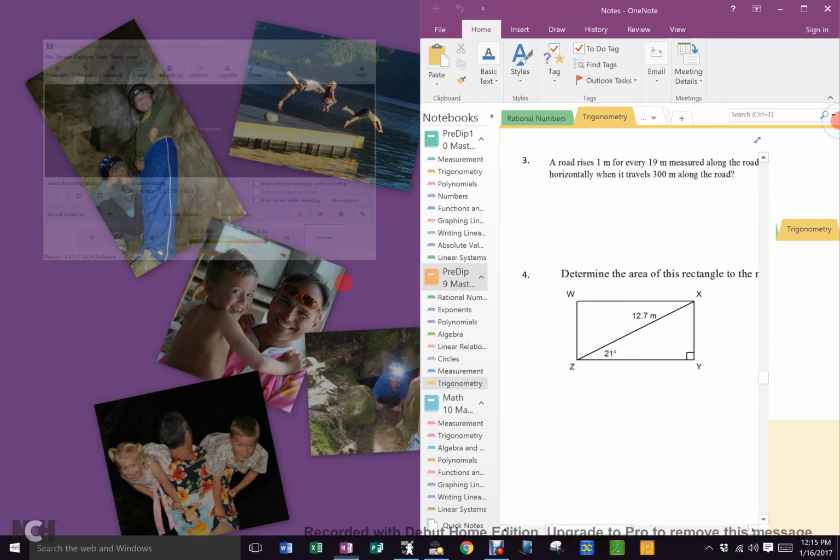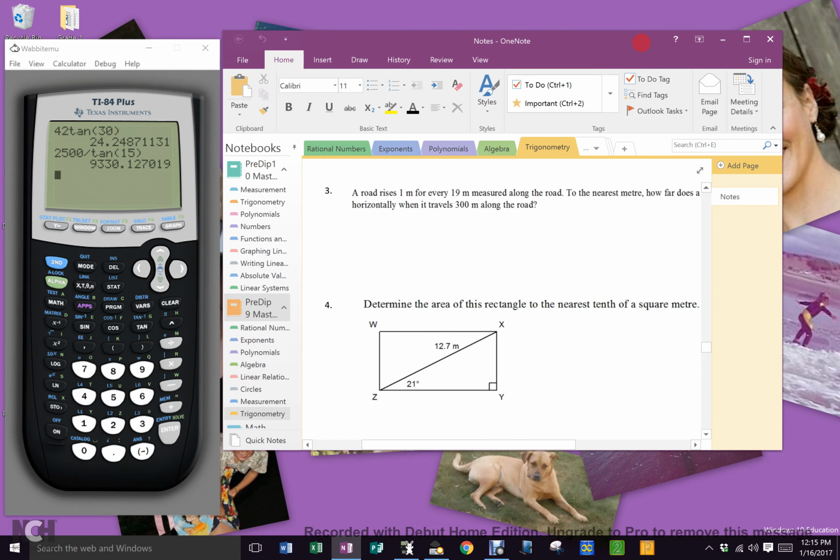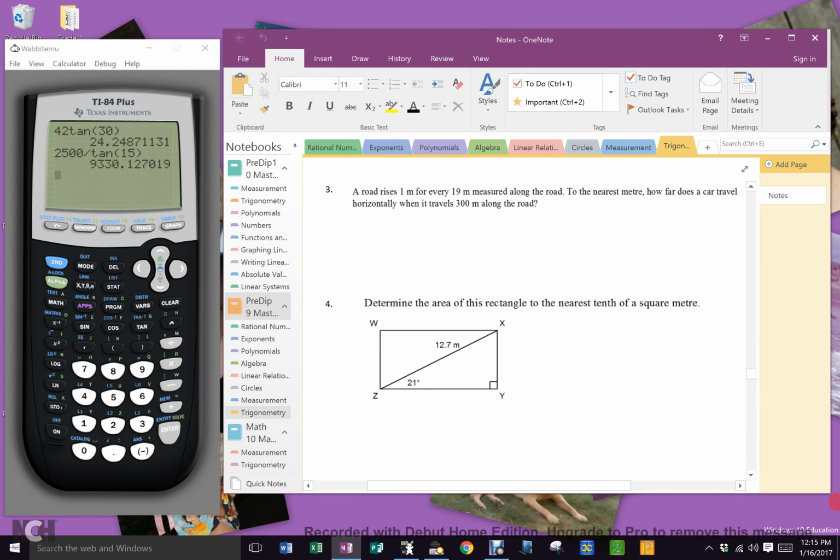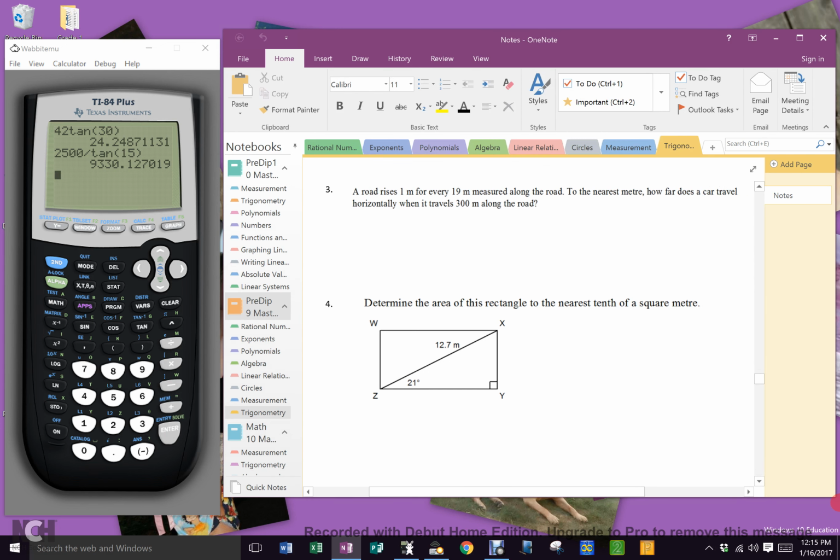This is one of my favorite questions. A road rises 1 meter for every 19 meters measured along the road. So I better draw my triangle, yes?